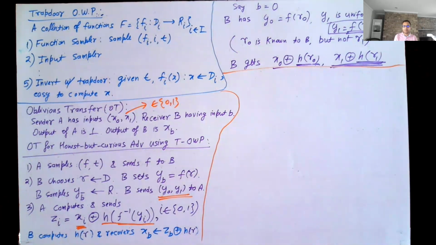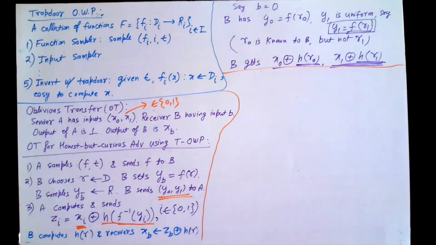If B can deviate from the protocol? Is there a strategy for B to learn both the bits? Yeah, if B samples x1, r1 and not y1, then B can compute h of r1 and then find out. Yeah, exactly.